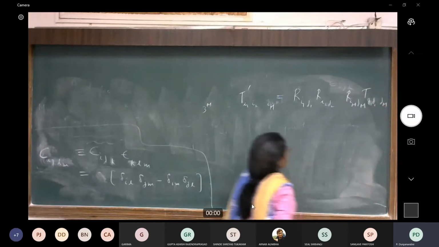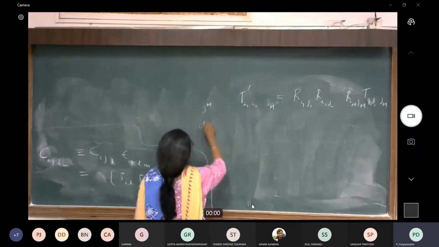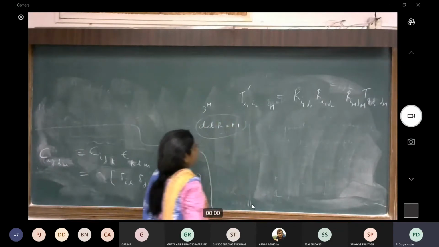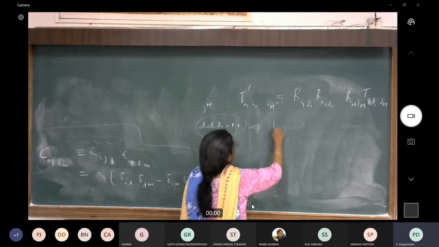This is what we will see. And I've also chosen all of this with determinant R equal to plus 1. Okay, this, by the way, are known as proper rotations.